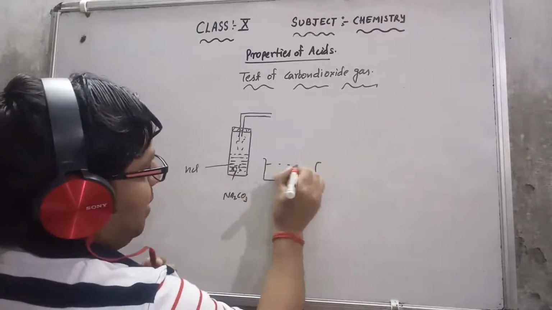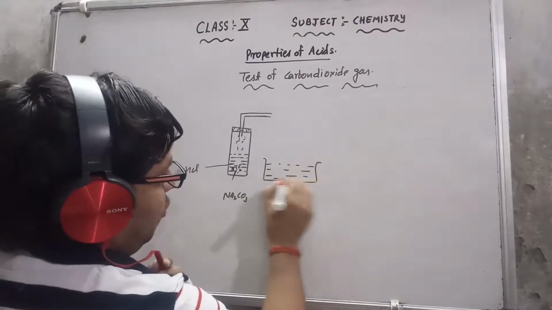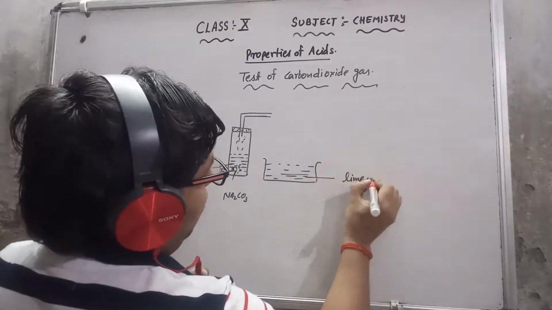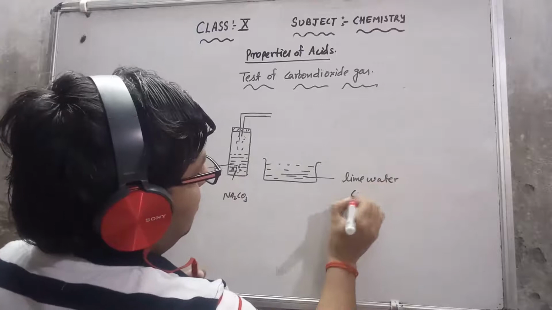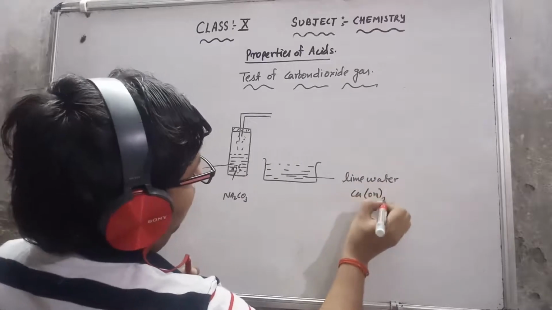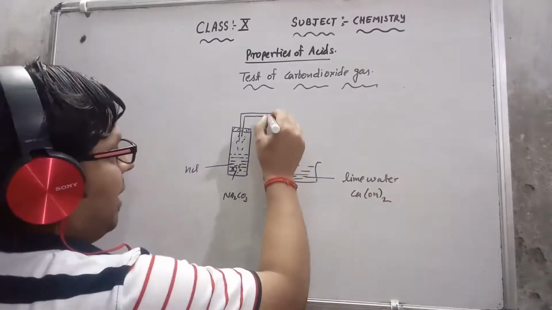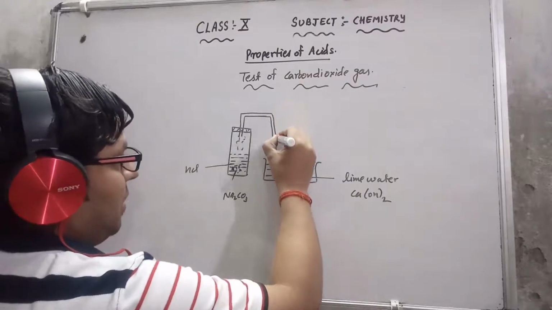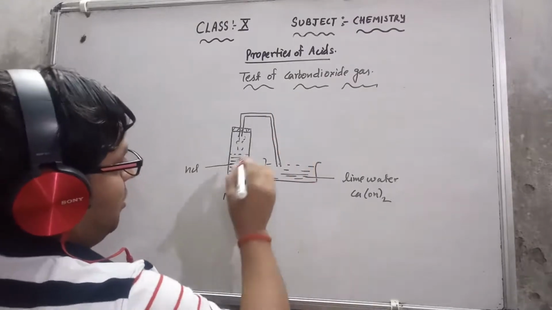In the container I am taking lime water, that is Ca(OH)2. I will pass the delivery tube into the same container in which lime water is present.